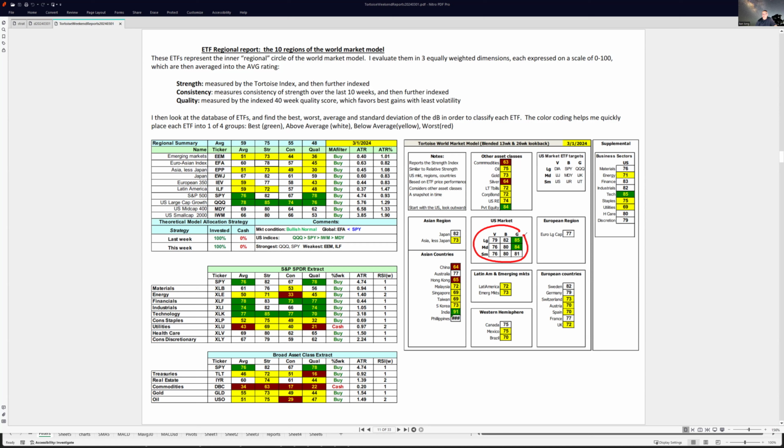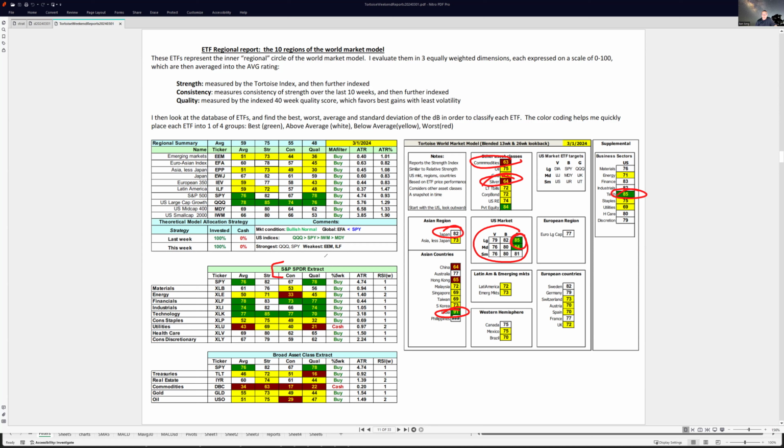US extremely strong, and large cap and mid cap growth exceptionally strong. India on a tear. Japan crushing it, all-time high. Commodities and silver and gold, terrible. Globally, tech is leading the way.